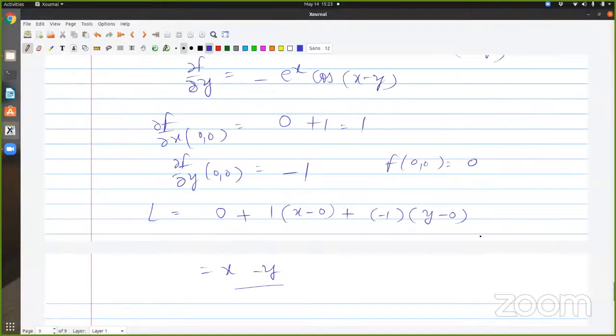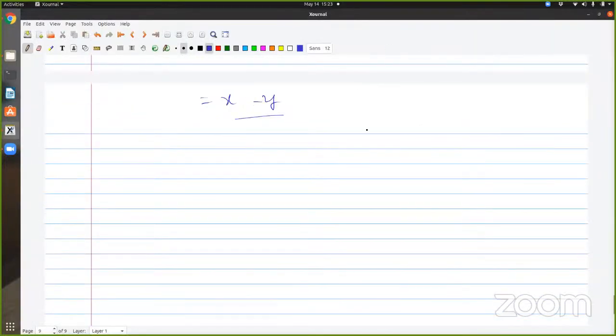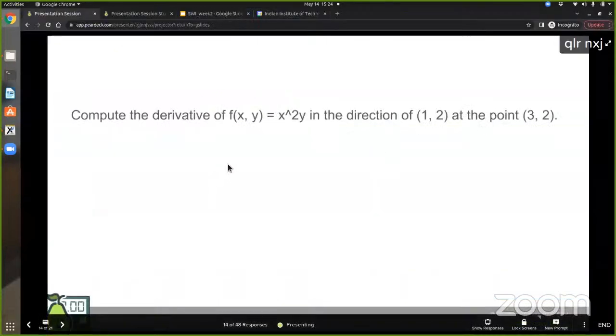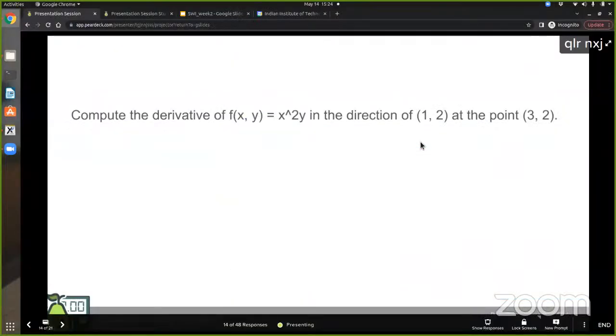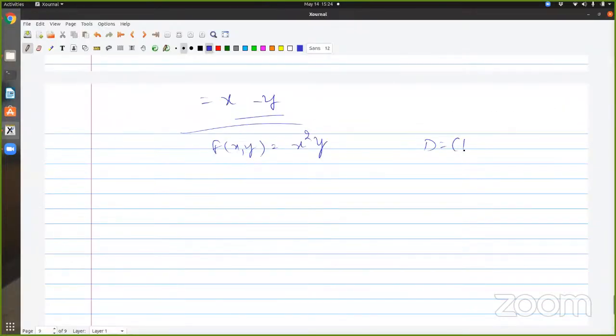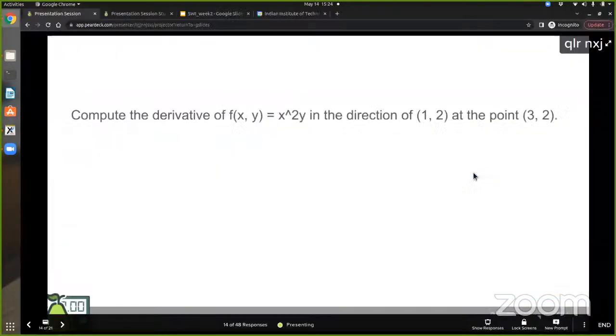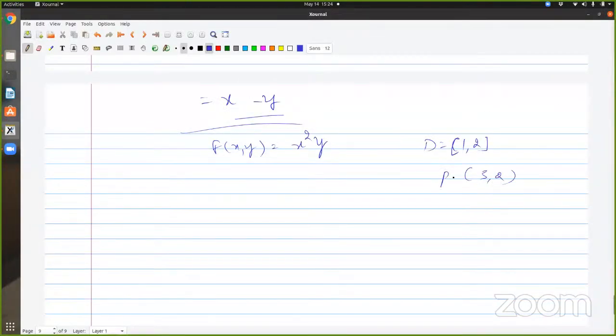Let me do it so that the concept of directional derivatives is clear to you. Okay, what are we asking? f of x y is equal to x squared y, right? In the direction of the given vector, at the point 3 comma 2.